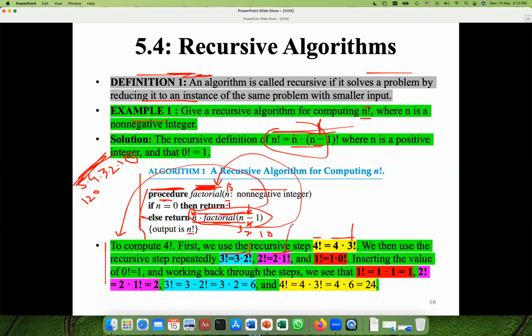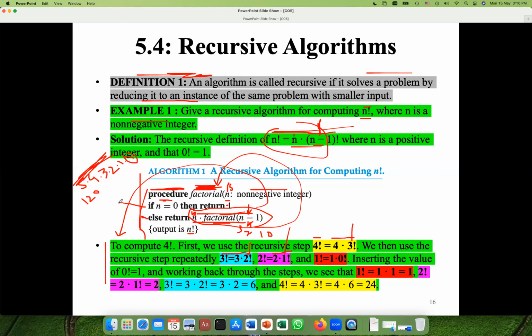And then it will call 1 factorial, and how will it become? 1 dot 1 minus 1, 0. Now the problem is divided into small problems. 5 is further reduced to 4, 4 is further reduced to 3, 3 is further reduced to 2, and so on. And this return 1, n is equal to 0, this is the base case.